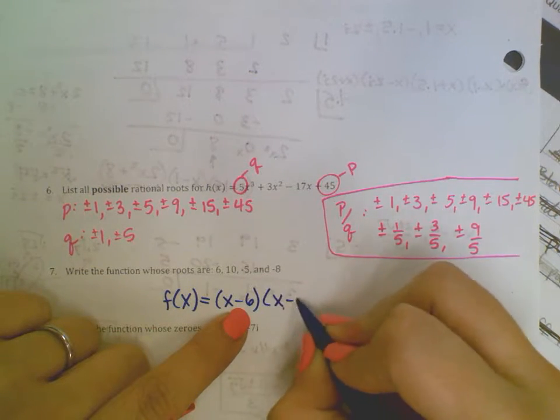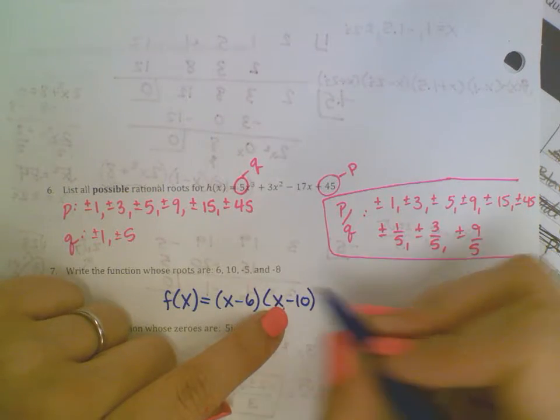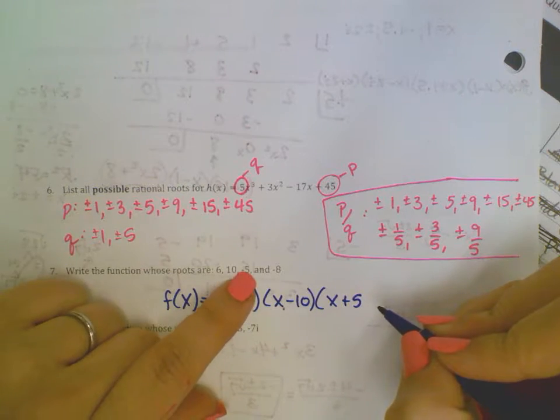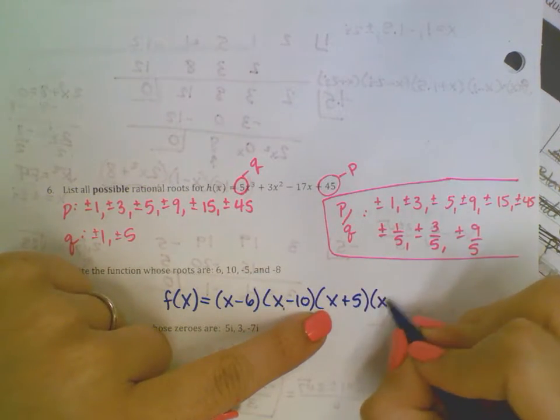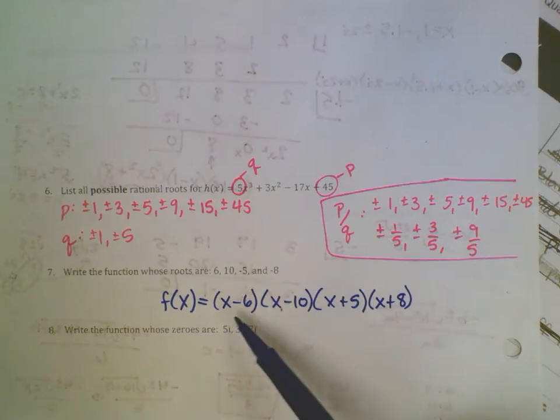And x minus 10, if x minus 10 equals 0, then x must be 10. And x plus 5, so that if I plug in negative 5, I get 0. And x plus 8. And that's all you have to do. If I give you all of the roots, you just need to put them in.